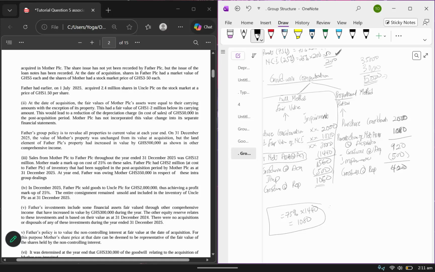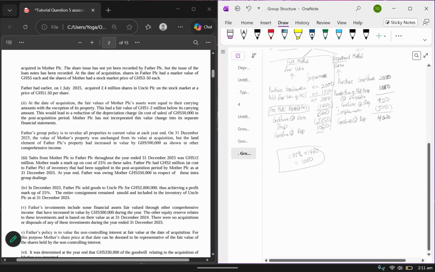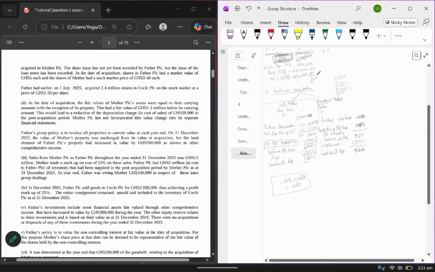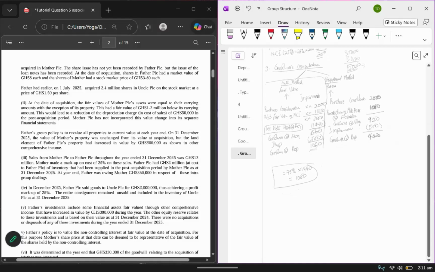So when you're doing the profit attribution, the NCI portion that you're supposed to get out of the profits will be different from when you are doing it for the fair value. We'll solve the question. So let me quickly talk about the NCI, the fourth working, which is the non-controlling interest.